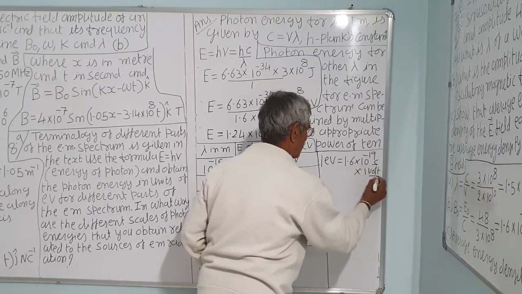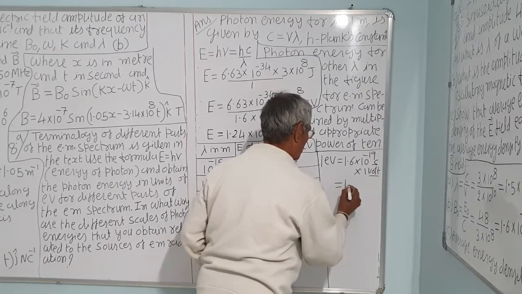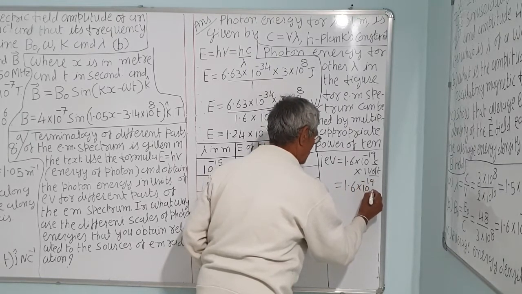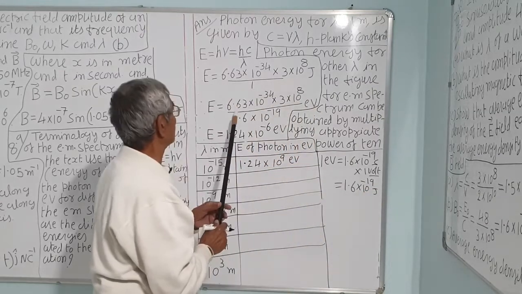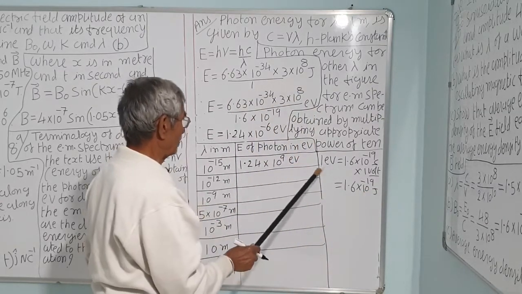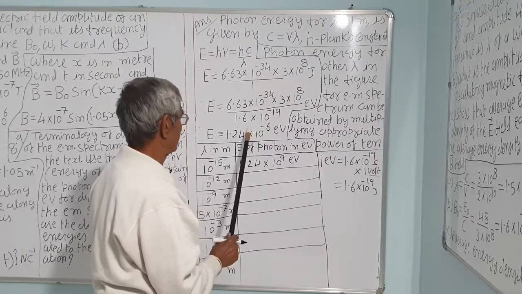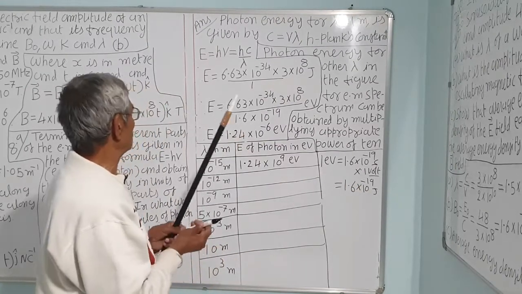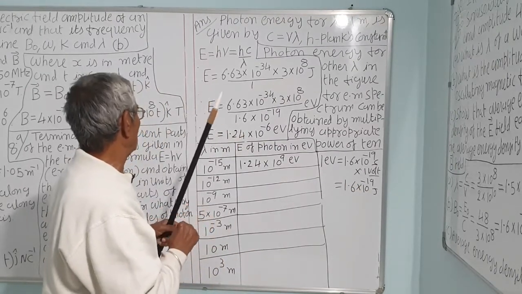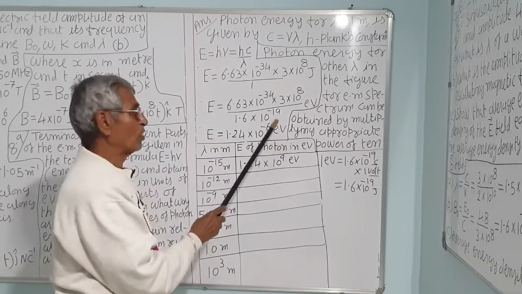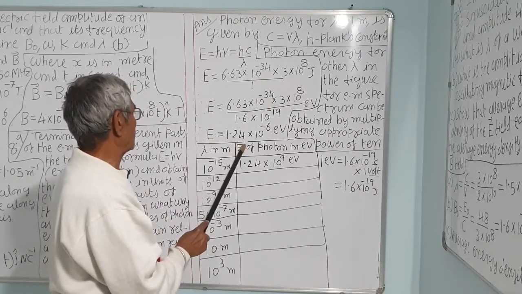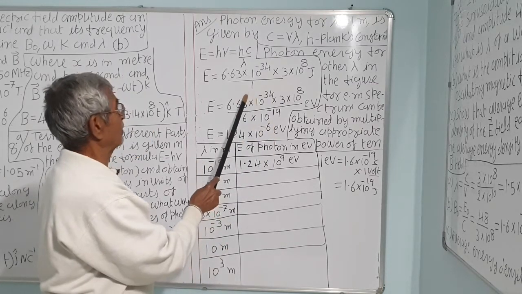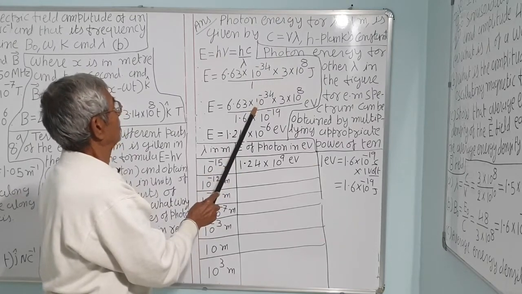Coulomb into volt is joules, so that is 1.6 into 10 raised to minus 19 joules. If we want to convert the energy in joules into electron volt, we will have to divide by this. So divided by this, you will get the energy in the unit electron volt. That is 1.24 into 10 raised to minus 6 electron volt. This is for lambda equal to 1 meter, which we have taken.